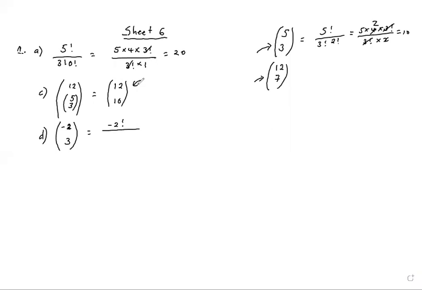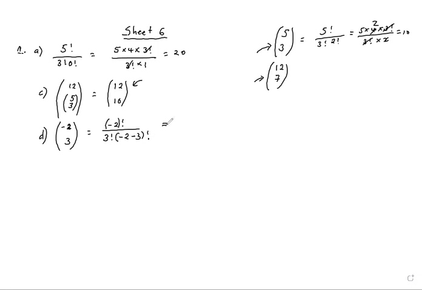Okay. Then -2 choose 3. That is -2 factorial. Remember, -2 factorial divided by 3 factorial times -2 minus 3 factorial.